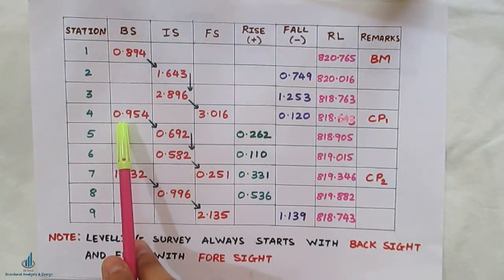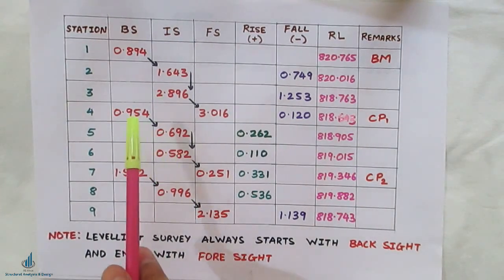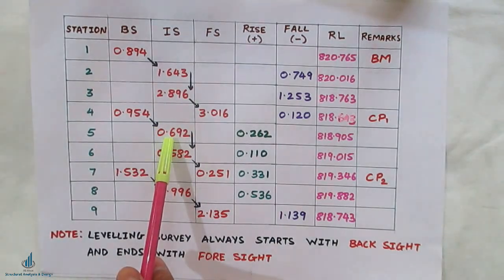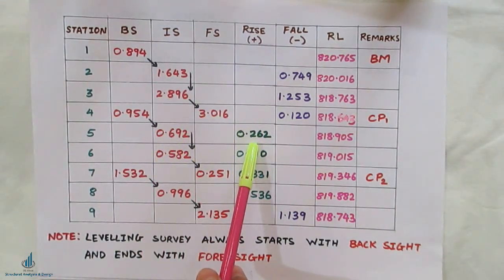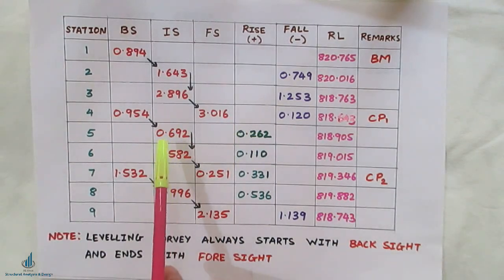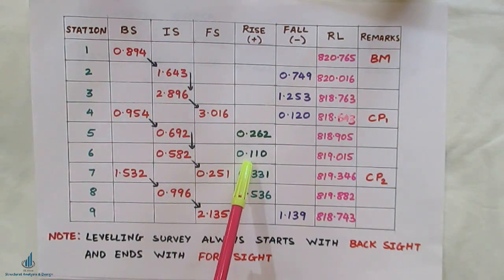Next two readings, 0.954 minus 0.692. Now this is from bigger to smaller, so it will become positive, so it will come in the rise column, 0.262. Next two values, if you subtract, you will get a positive value, that is 0.110, so obviously in the rise column you have to write it down.